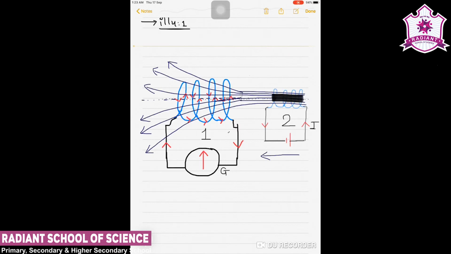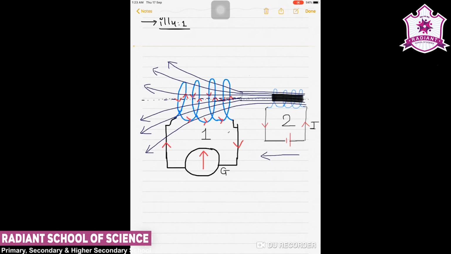If we take a soft iron rod and put it inside coil 2, then whenever current passes through it, due to that soft iron core, it will increase the magnetic field. We have discussed this case in the topic of galvanometer in the previous chapter number 4.